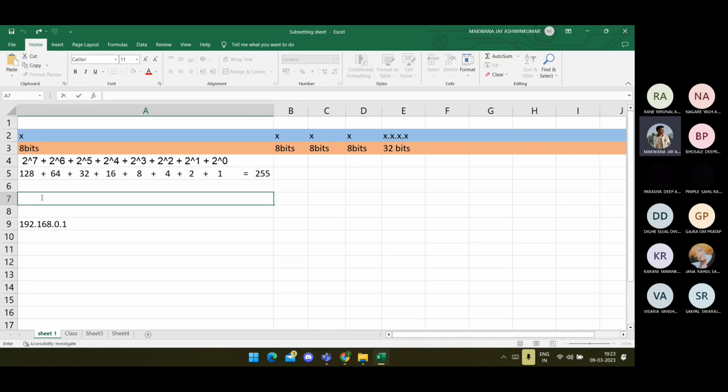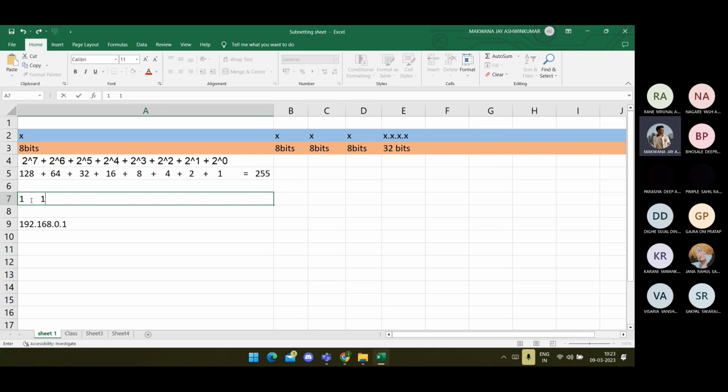For 192, we have to just add these numbers. Which numbers will we turn on? We will turn on 128, and 128 plus 64 is 192, right?